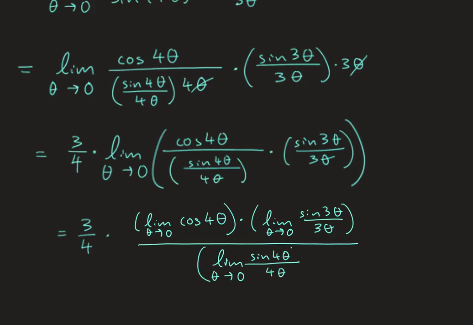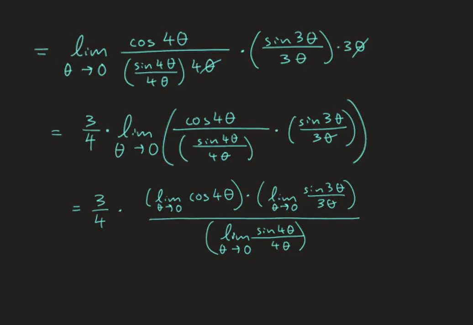Okay. All of these limits are famous. We proved this one in the last theory video. The limit as theta approaches 0 of the cosine of theta is equal to 1. Right?